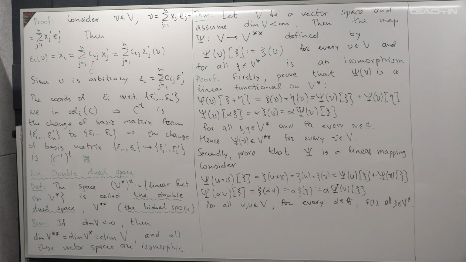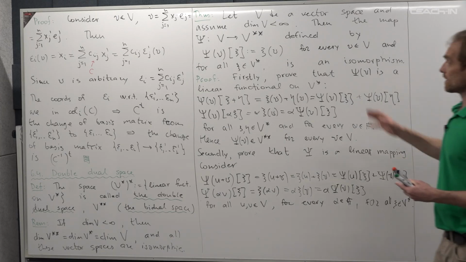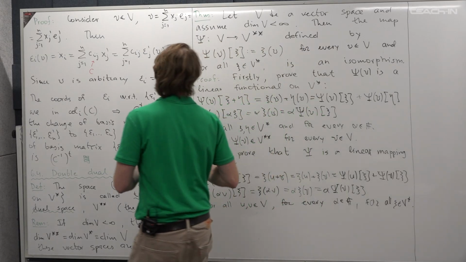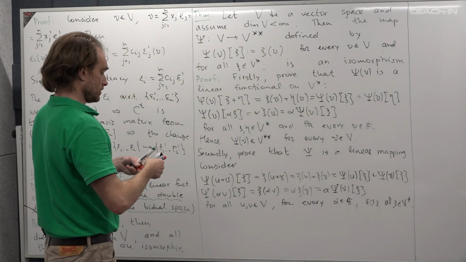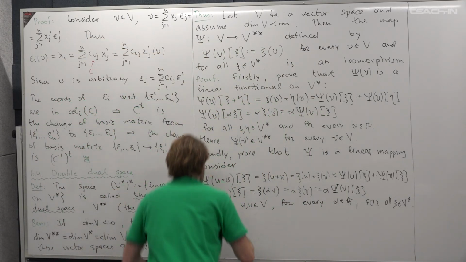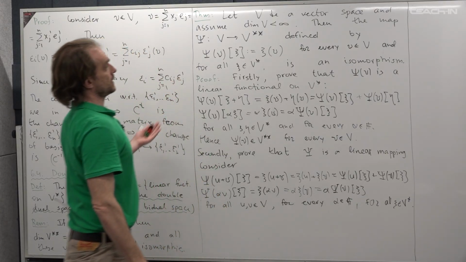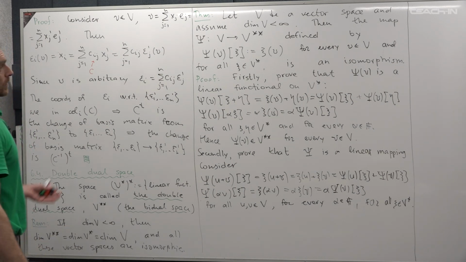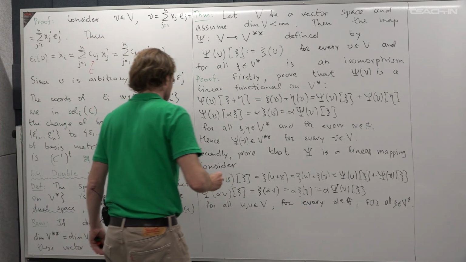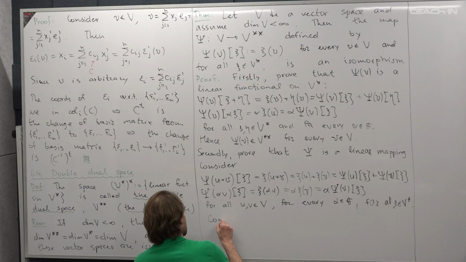And then we need to prove that our mapping psi is injective and surjective. In order to prove that a linear mapping is injective, we need to show that its kernel is trivial. So consider the kernel of the mapping psi capital.